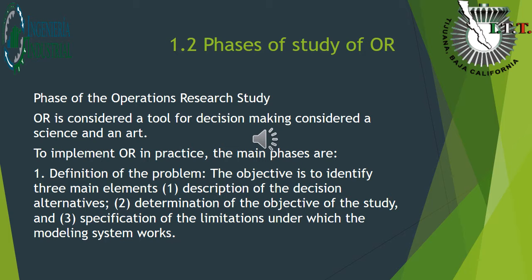The objective is to identify three main elements. 1. Description of the decision alternatives. 2. Determination of the objective of the study. And 3. Specification of the limitations under which the modeling system works.